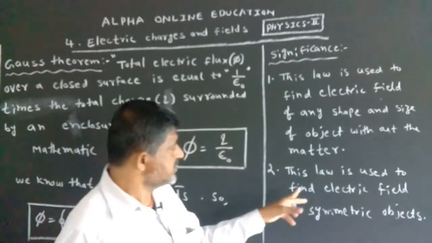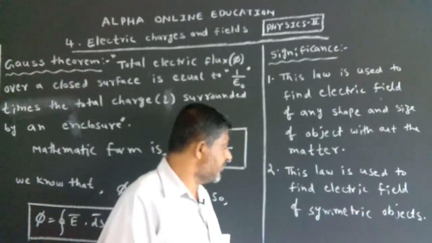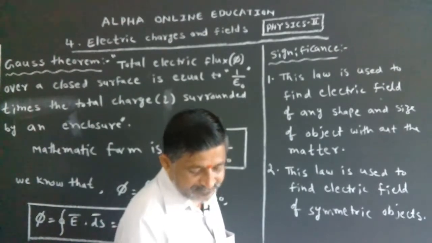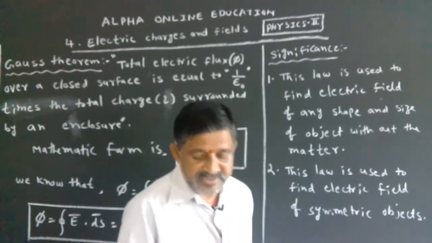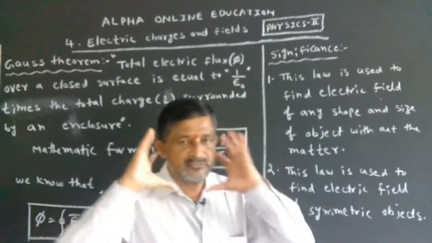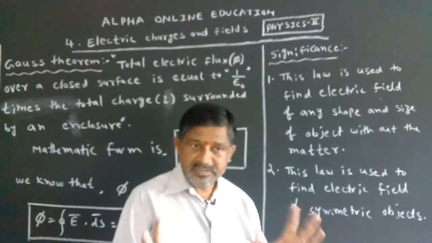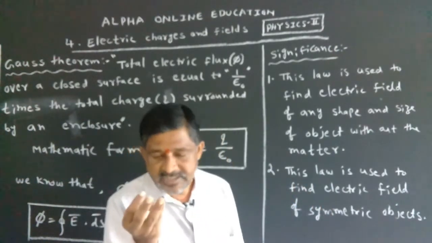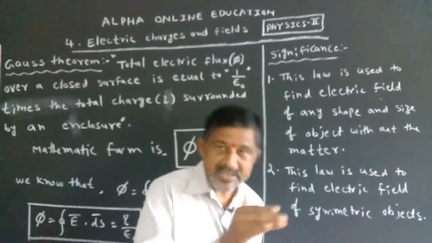What is the next one? This law is used to find the electric field of symmetric objects. It is a symmetric object, like a cylinder. Imagine my face like a spherical shape. It is a symmetric shape. Symmetric means it has one specified shape, just like a sphere, a cylinder or a hemisphere.